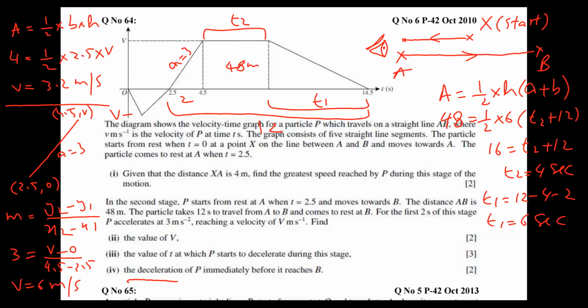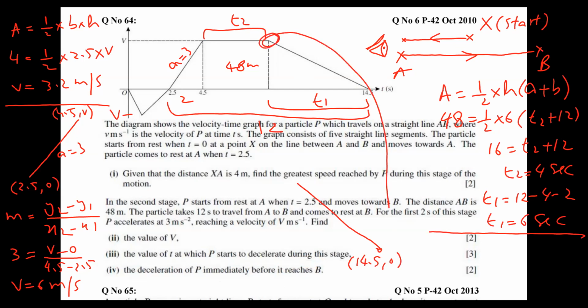Now the deceleration of P immediately when it reaches B. For this deceleration, I need the gradient, and I think we have the coordinates. The coordinates are the interesting part. That is easy. If we talk about the points, what are the time and velocity here? Time is 14.5 and velocity is confirmed 0. And what is the time and velocity at the other point?